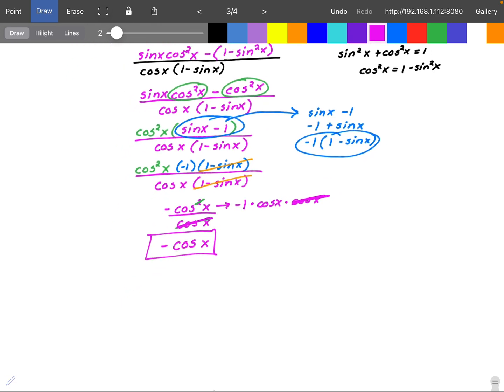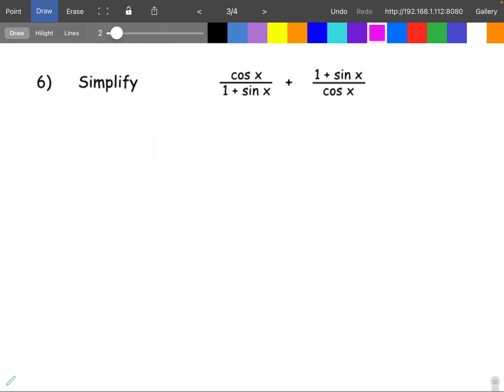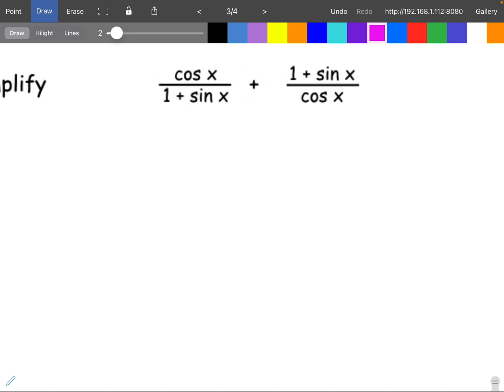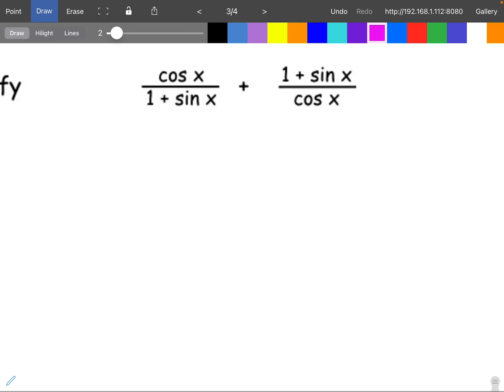Okay, so let's take a look then at one more of these, and then we'll look at a little bit different type. So for this one, we have two fractions added together that we need to simplify. So we're going to start this a lot like we did the last one. So we have two fractions with totally different denominators, which means we want to get a common denominator, meaning we need to multiply each fraction by the other fraction's denominator.